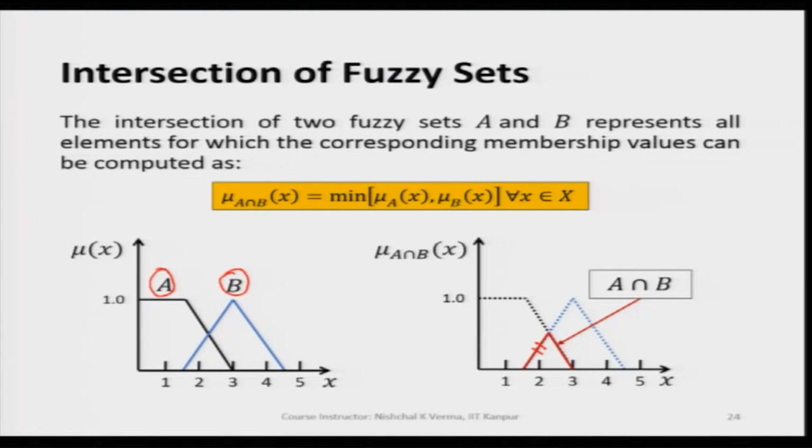So, if we take the intersection of fuzzy set A and fuzzy set B, we will get another fuzzy set, which is shown by a red line.